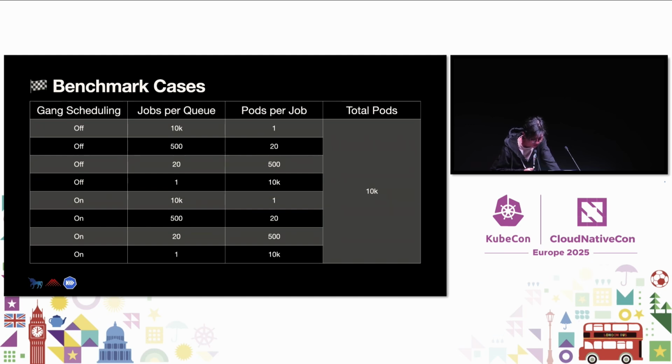The other extreme is that we submit 10,000 jobs, but each job has only one pod. We didn't vary the number of queues because in all our local testing we didn't see a significant performance difference from varying the number of queues. So we simplified the testing to focus on the number of jobs and the number of pods.